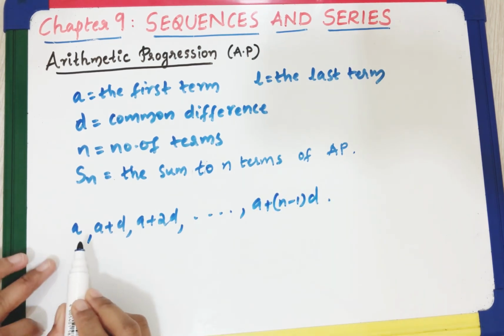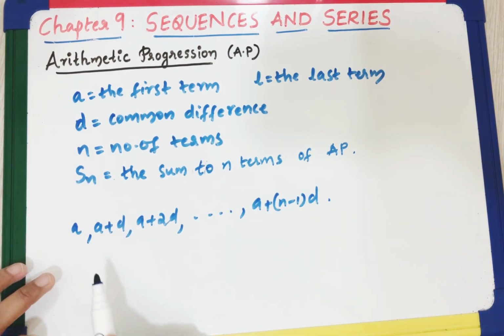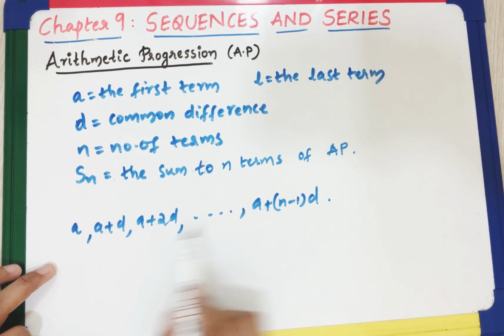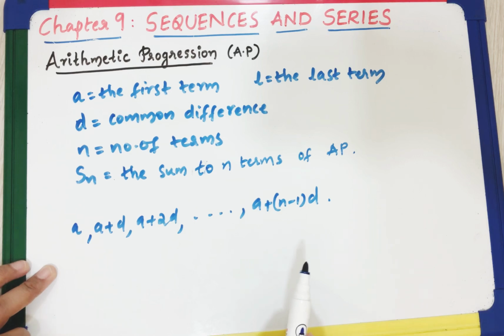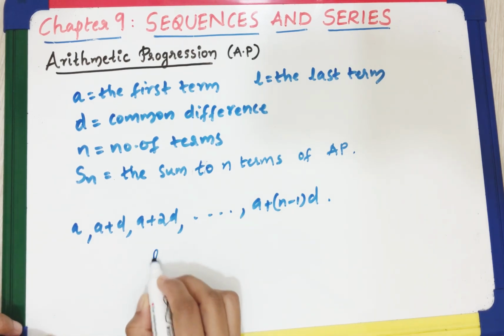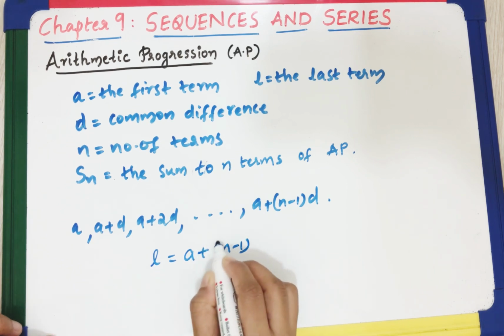Here the first term is a, the common difference is d, and the number of terms is n minus 1 plus 1, that is n terms. And the last term here is a plus n minus 1 into d.